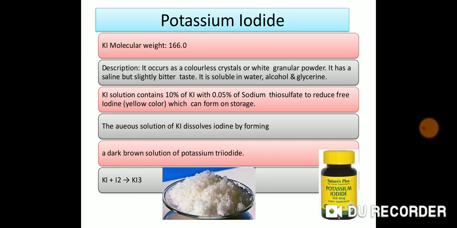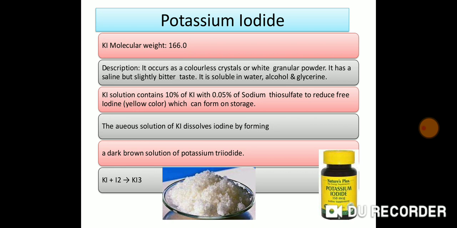Another agent is potassium iodide. Molecular formula KI and molecular weight is 166 gram. Description: it occurs as a colorless crystal or white granular powder. It has a saline taste but slightly bitter. It is soluble in water, also soluble in alcohol and glycerin.